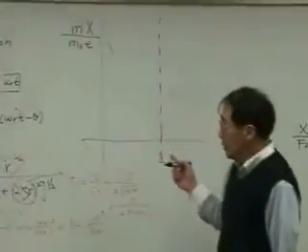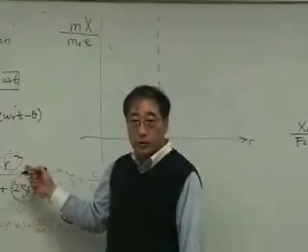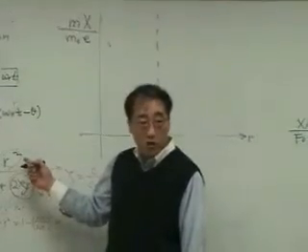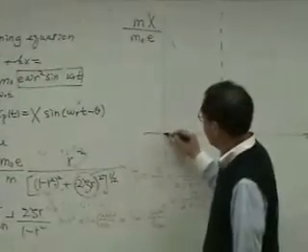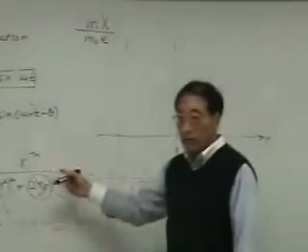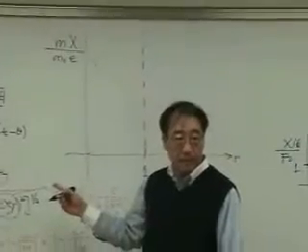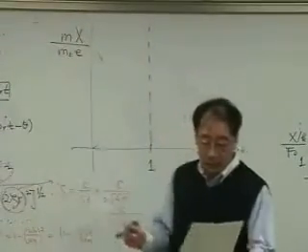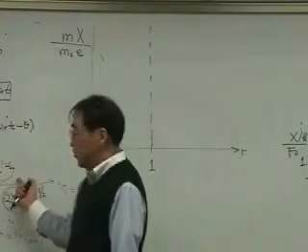When R goes to 0, small and smaller, this rapidly decays as R squared. And what about when R goes to infinity? Okay, this is proportional to R squared.